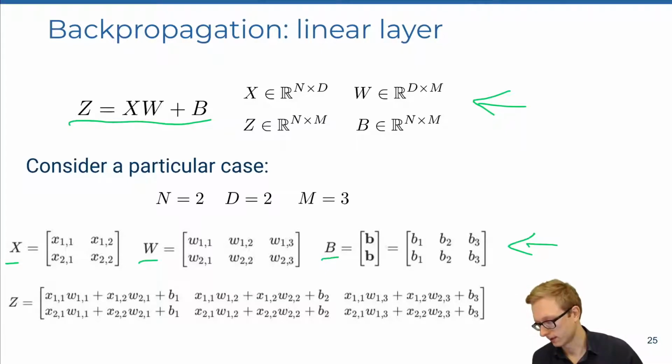So these are contained in this bias vector, and then we just have to stack it because we add the same bias to each input vector. And if we do this operation, then the output looks like this. So this is all the values that we would get in matrix Z.